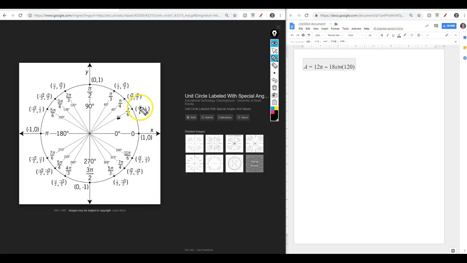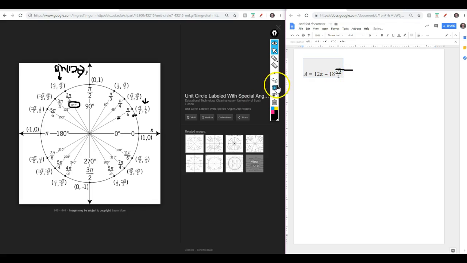Square root of 3/2 is the cosine of 30, and sine of 30 degrees is 1/2. Sine is the y coordinate, so I'm going to look for 120 degrees, and the y coordinate there is the square root of 3/2.